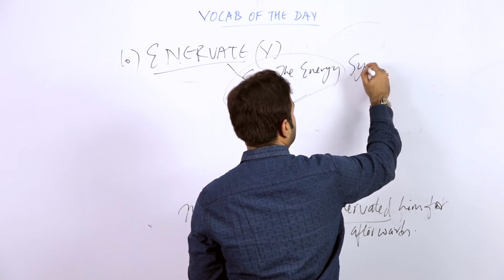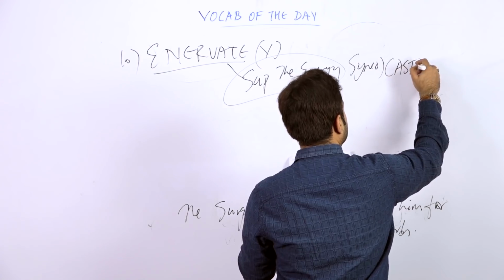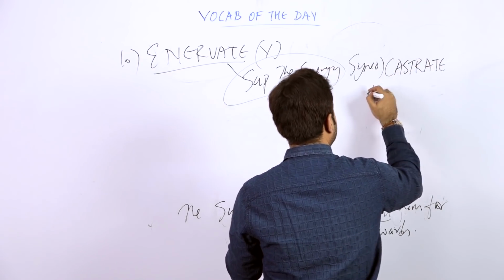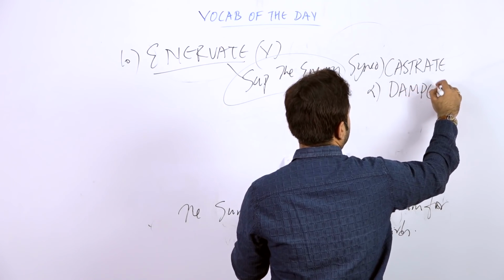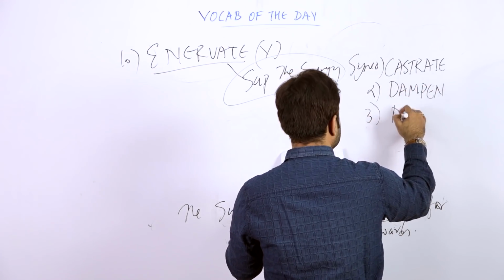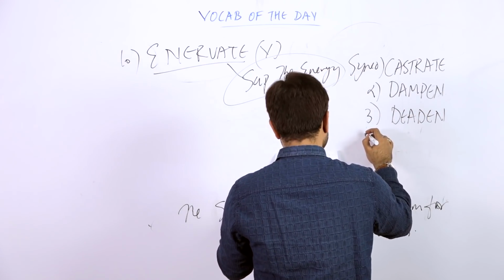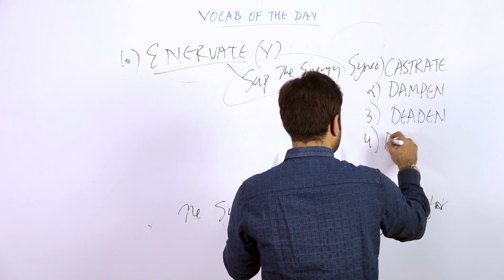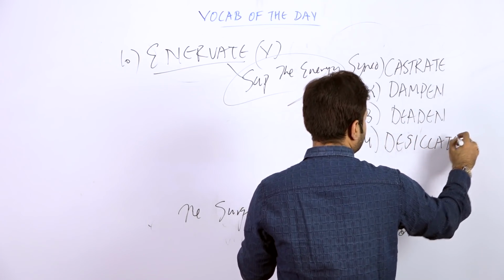So for synonyms you can take, students, a word I have used here is castrate, a nice word. Second word you can take is dampen. Third you can take is deaden. And fourth, if you want a nice word, I have taken desiccate, DESICCATE.